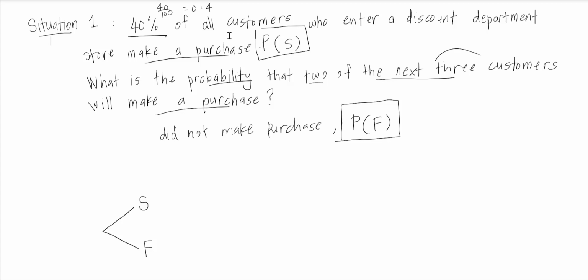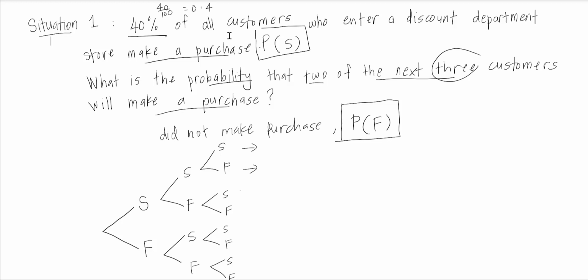We have 3 customers, so we again have S and F, and S and F. This one is the first customer, second customer, and the third customer. So this is our tree diagram.